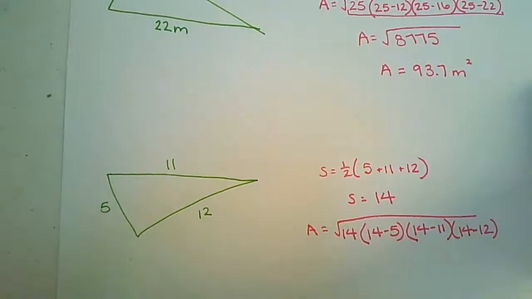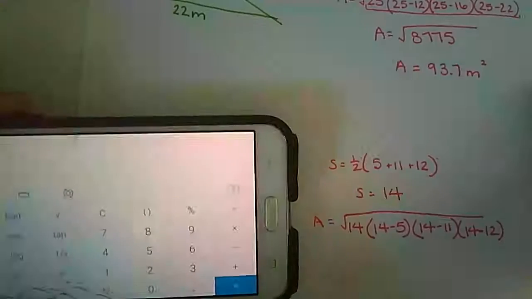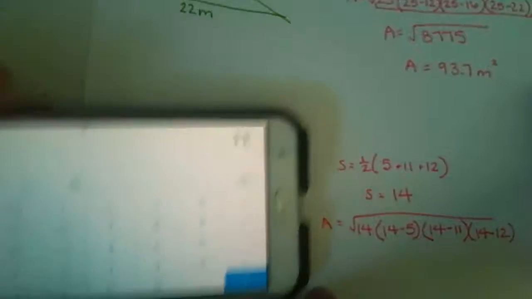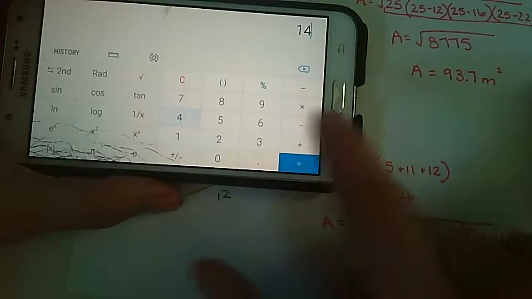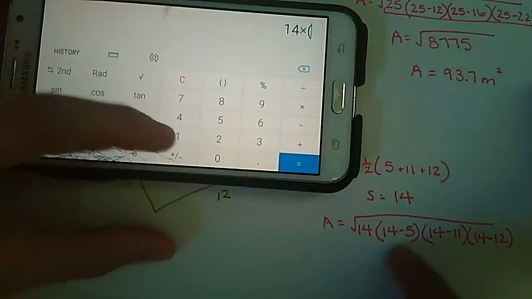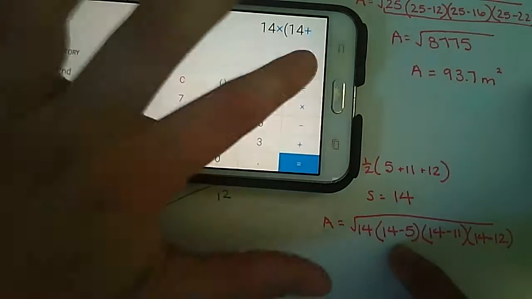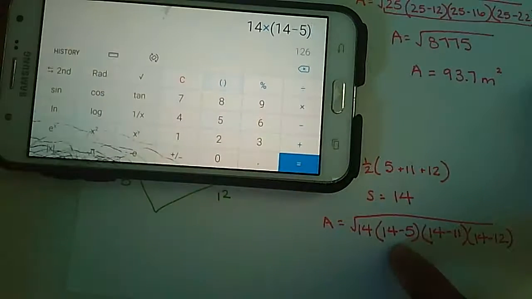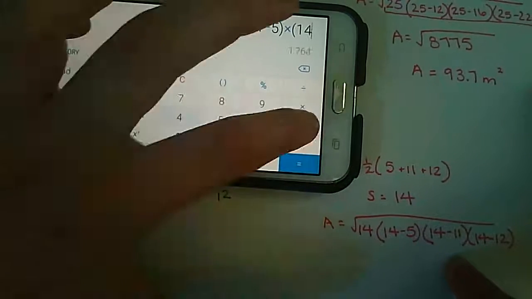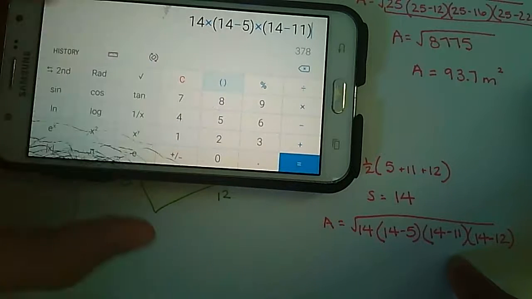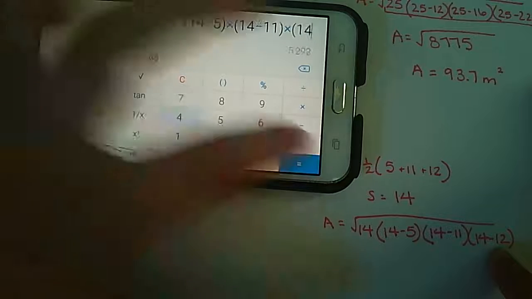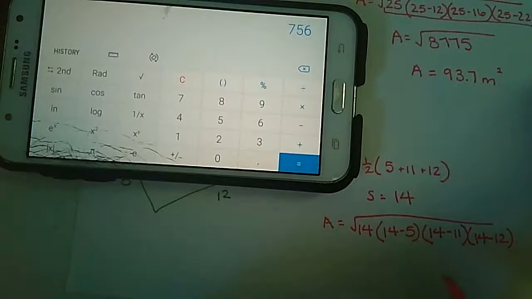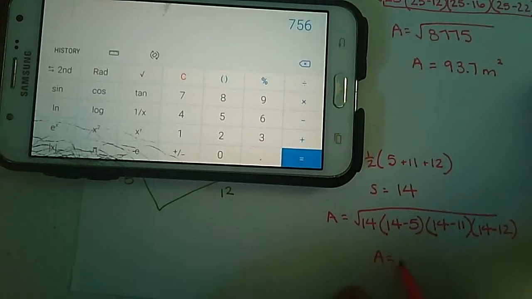And again, when I type this in, I'm not going to do the square root. So I'm going to have 14, times 14 minus 5, times 14 minus 11, times 14 minus 12. And it looks like we get 756.